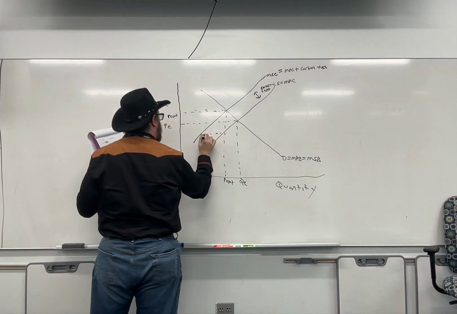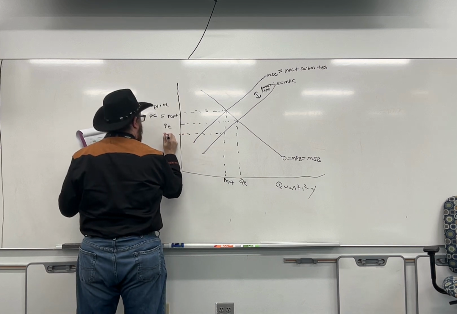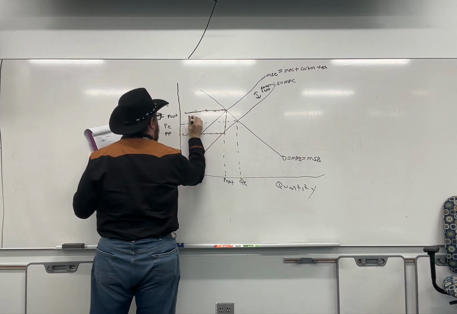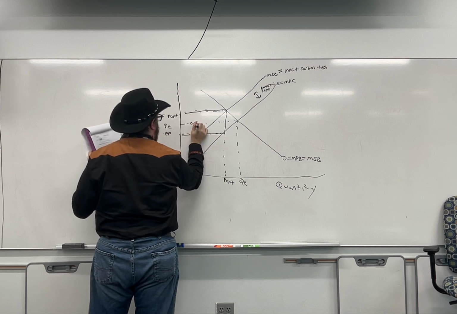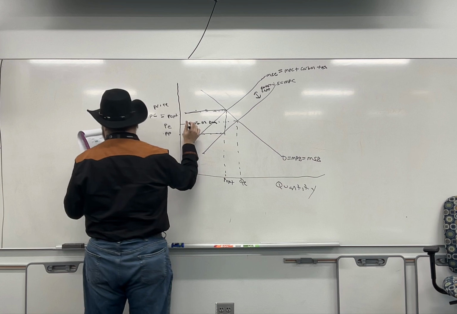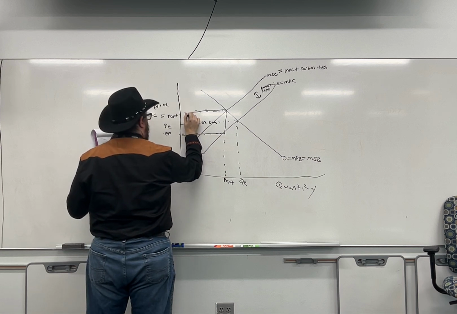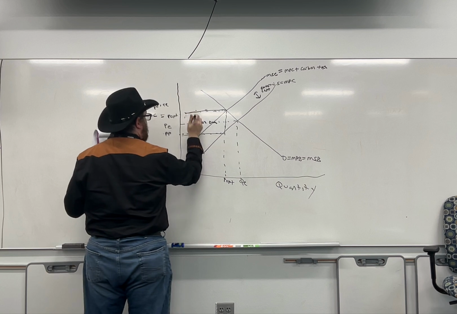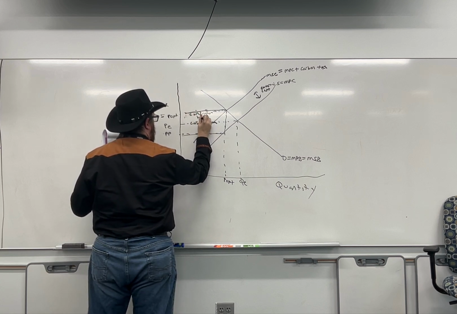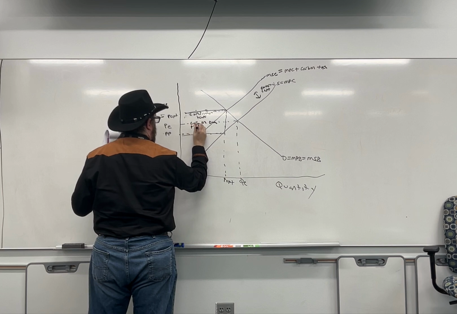And right here, this would be PP. This is the carbon tax, or the tax, depending which one you want to do. This is how much the consumers pay, excuse me, and how much the producers pay.